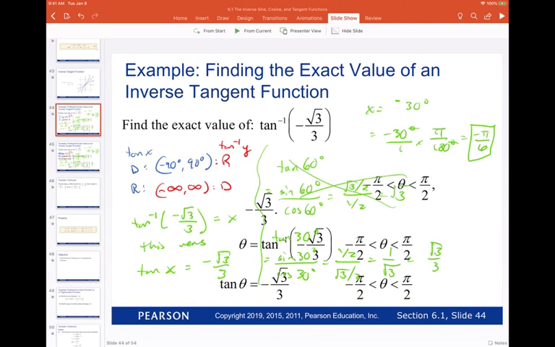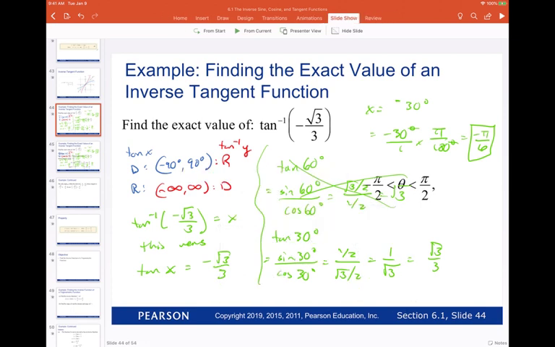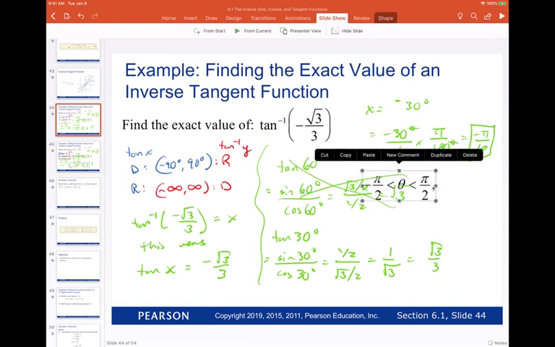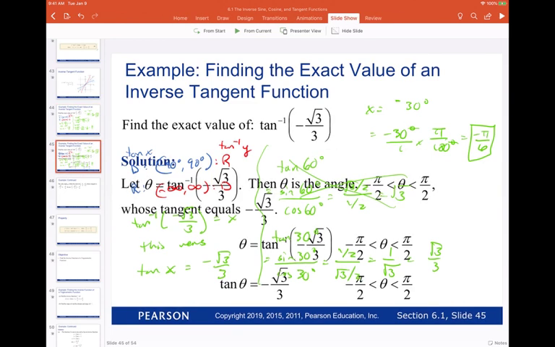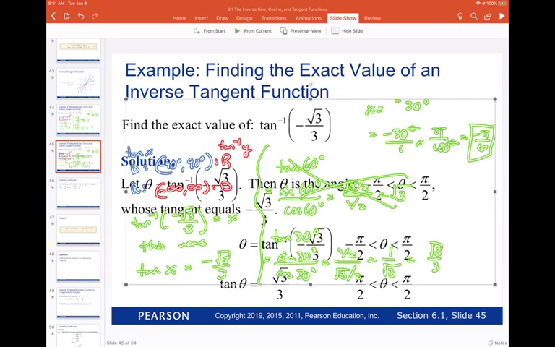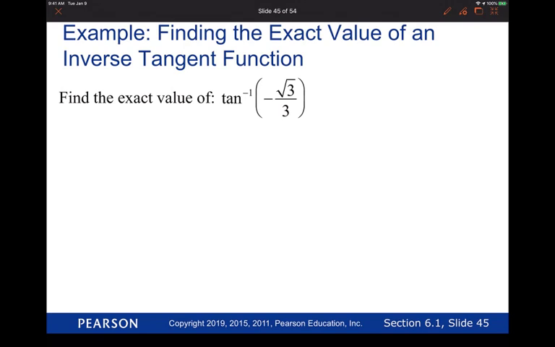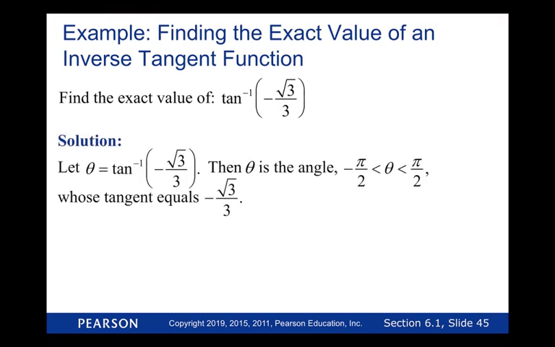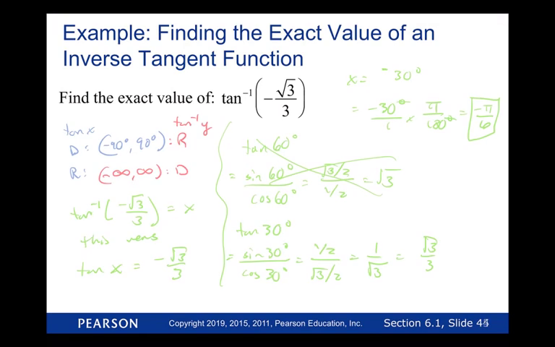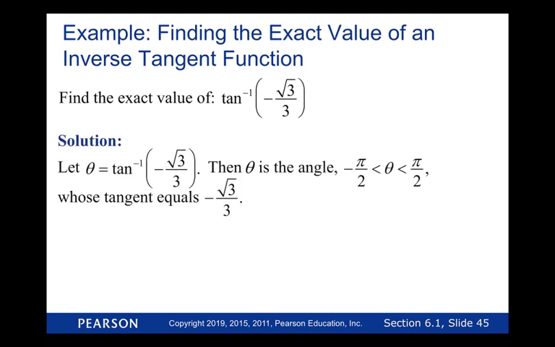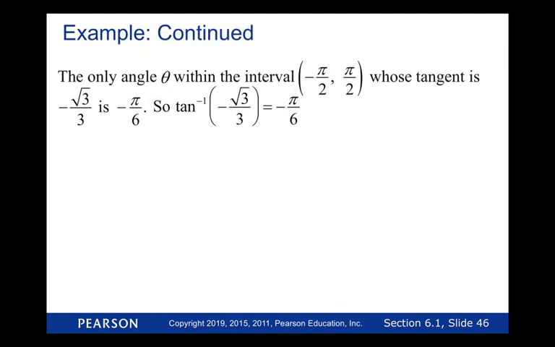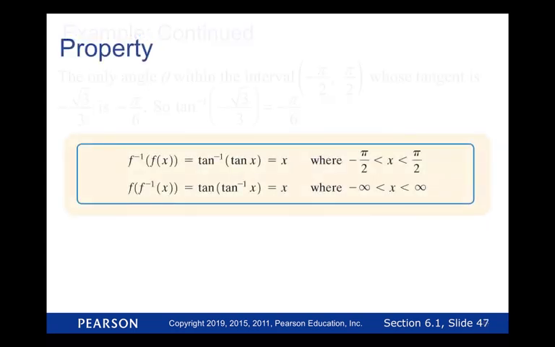Let's duplicate, and let's get rid of all these annotations. Again, we have our work cut out. Just do your best and forget the rest. We got a result of negative pi over 6. I think that's it right there. I'm just going to let it be for now.